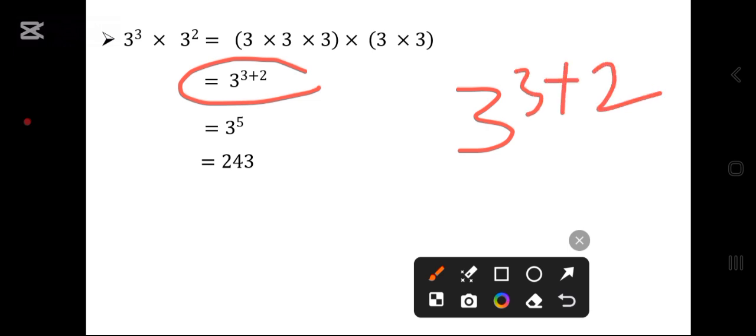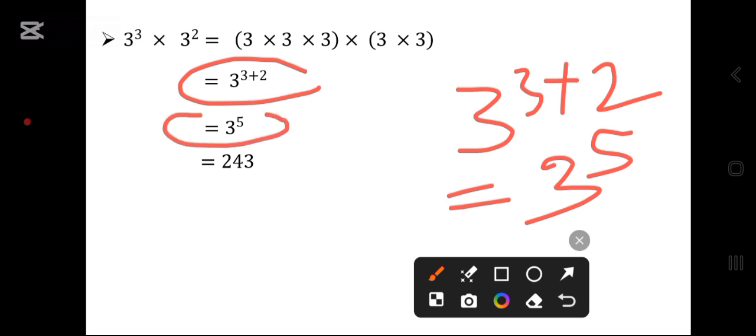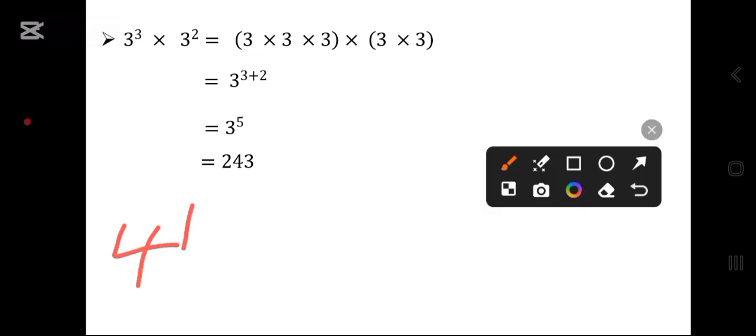When we add up the powers, what do we have? We have 3 raised to the power 5. That's what we have here. And 3 raised to the power 5 will give us 243.